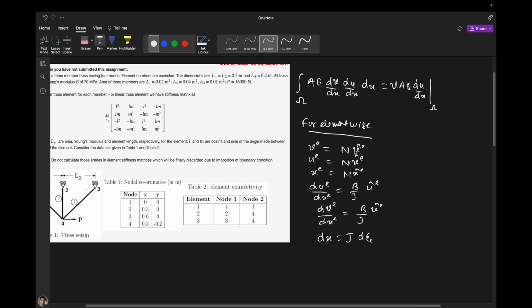So we already know that N is nothing but the shape function matrix, and J is the Jacobian.